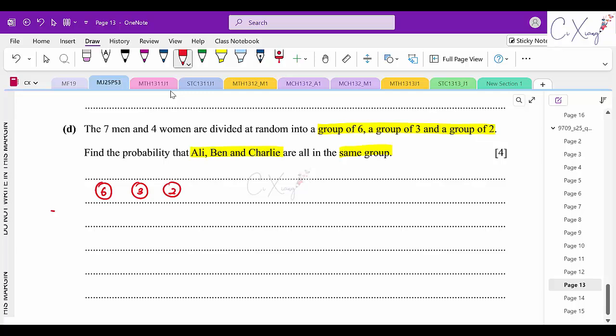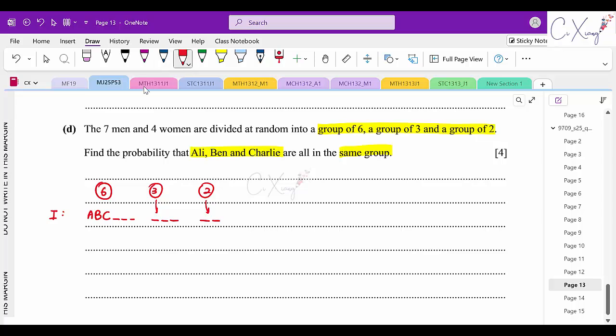So for case number 1, I can assume that Ali, Ben, and also Charlie are all in the 6-person group. Then what is remaining? For the 6-person group, if 3 of them are in the same group already, then there are 3 spaces remaining for the 6-person group, right? The 3-person group still has 3 empty, and the 2-person group still has 2 empty.